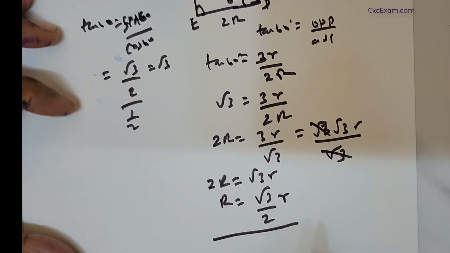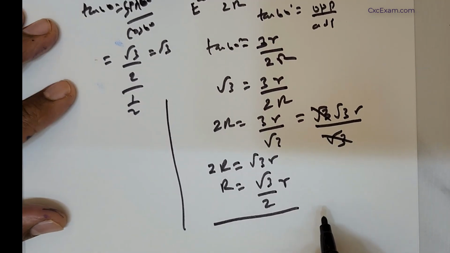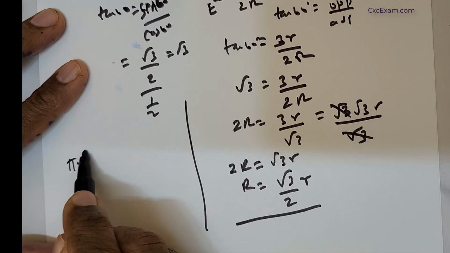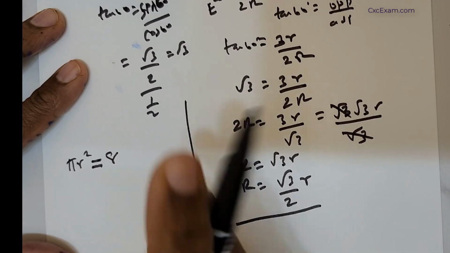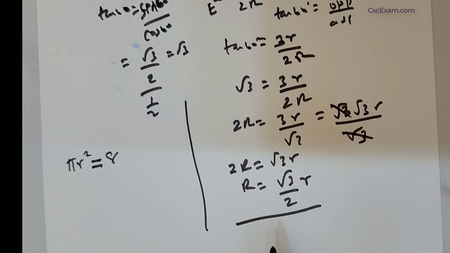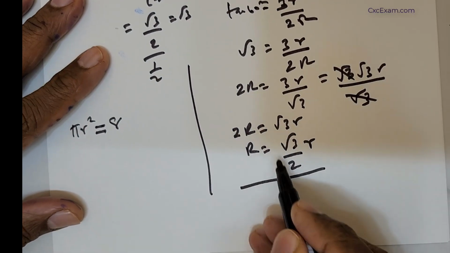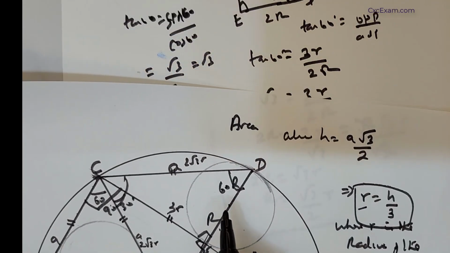So this is the value we have for R. But we also know that pi r squared is equal to 8. This is given to be 8 square units, right? 8 square units. Okay, so therefore the area of this circle is what is required, right?